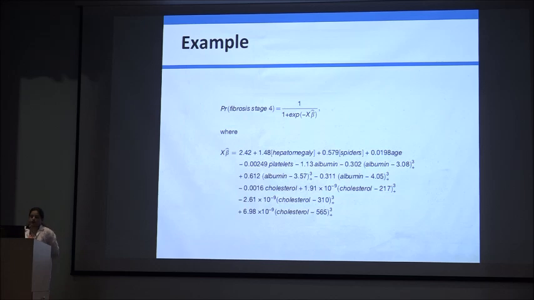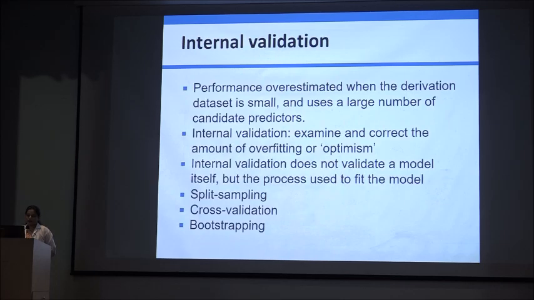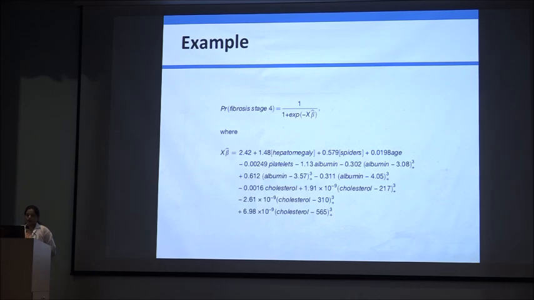I'll give you an example. This is one clinical prediction model which is derived for fibrosis in, I think, cholangitis. These are all of the different predictors that were significant: hepatomegaly, platelets, albumin, cholesterol. And these coefficients and these weights are derived from the multivariable regression.